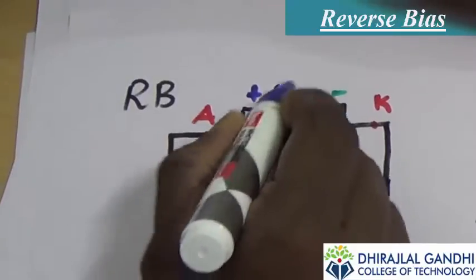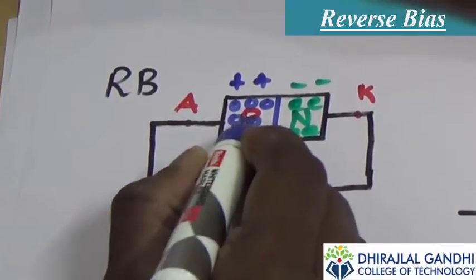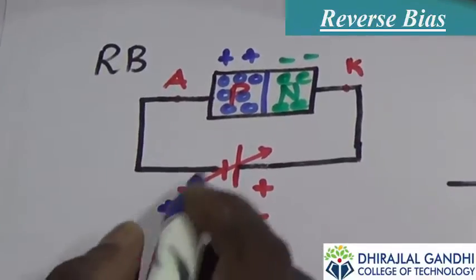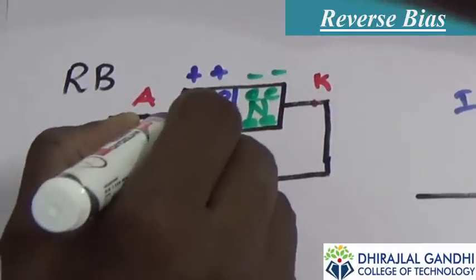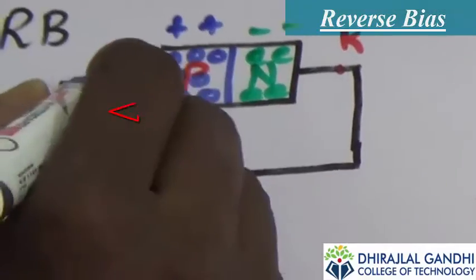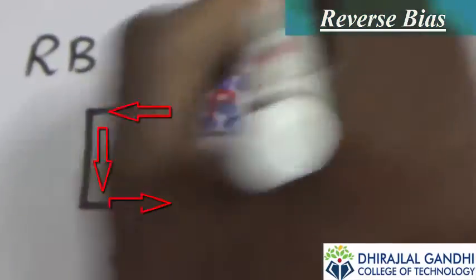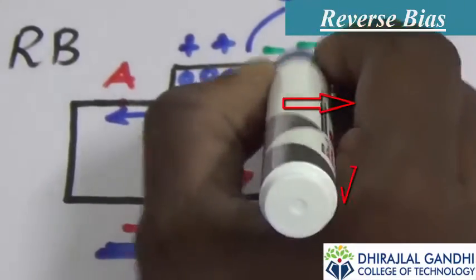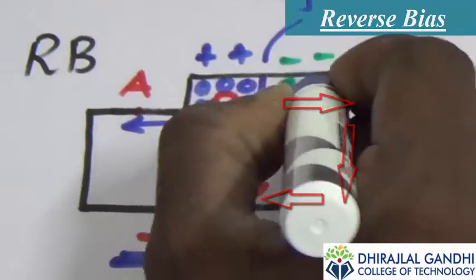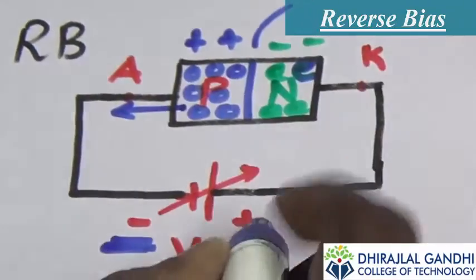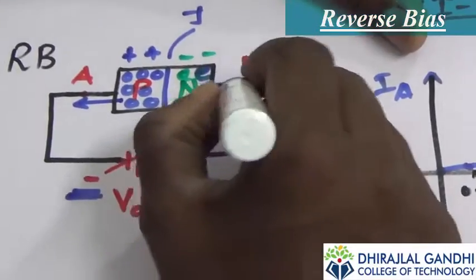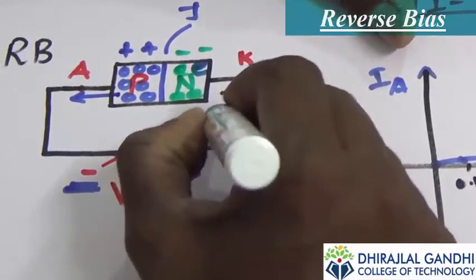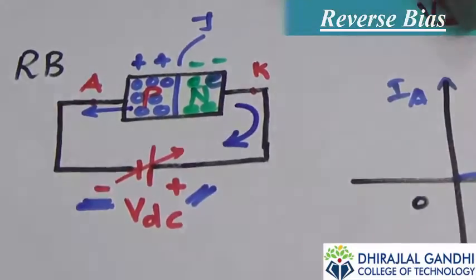So the positive charges of the P plate are attracted by the negative terminal of the DC source. Therefore, the holes move away from the junction, which means moving towards the terminal. Similarly, the electrons are attracted by the positive terminal, so they move away from the junction towards the DC source.